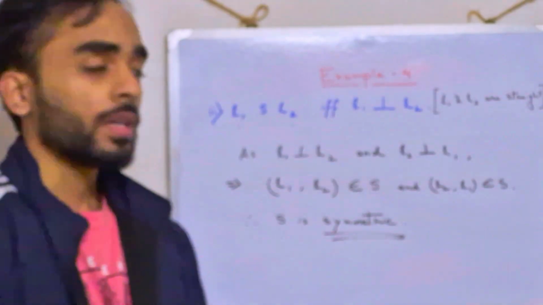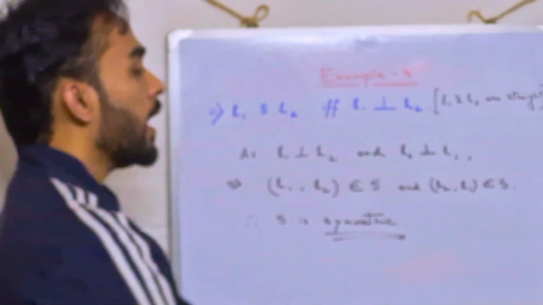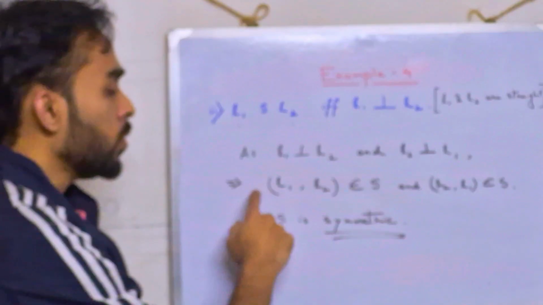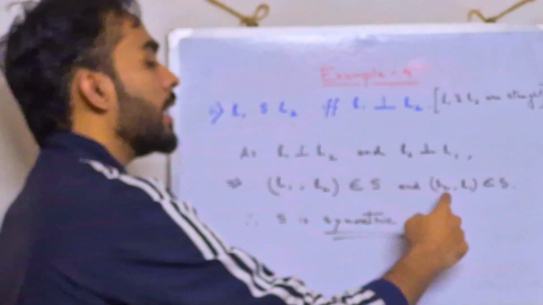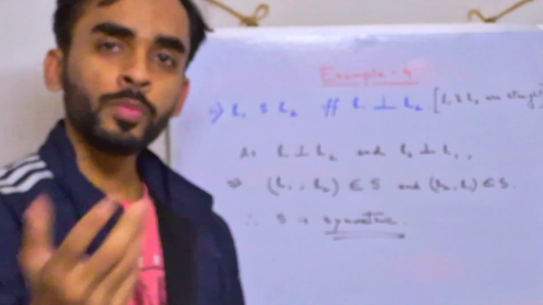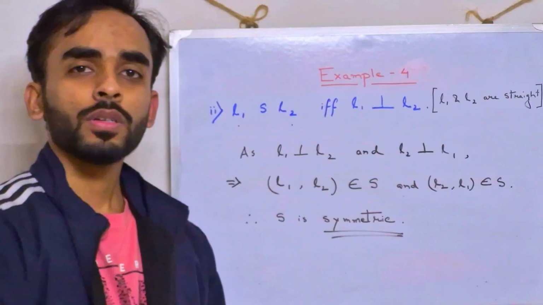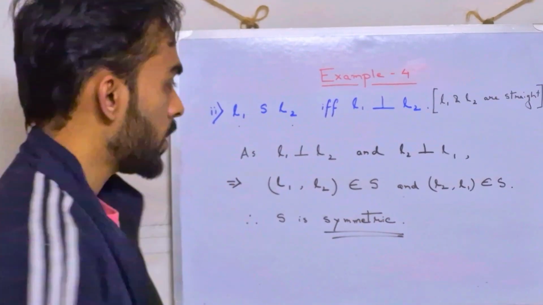So see how we wrote it. As L1 is perpendicular to L2 and L2 is perpendicular to L1, so L1, L2 belongs to S and L2, L1 also belongs to S. Therefore, S is symmetric. Okay? We can now shorten it.